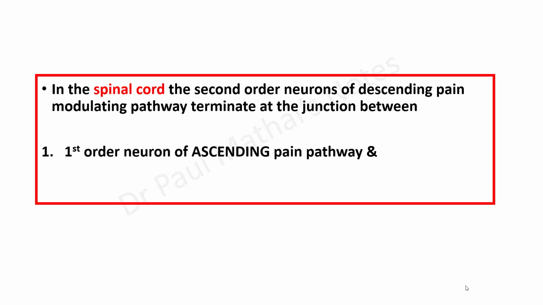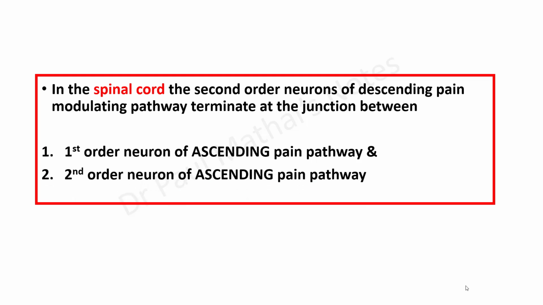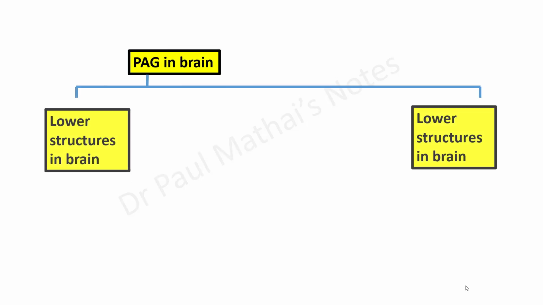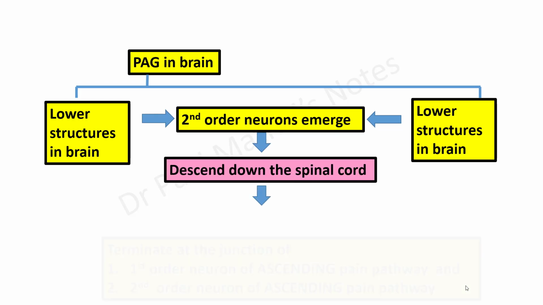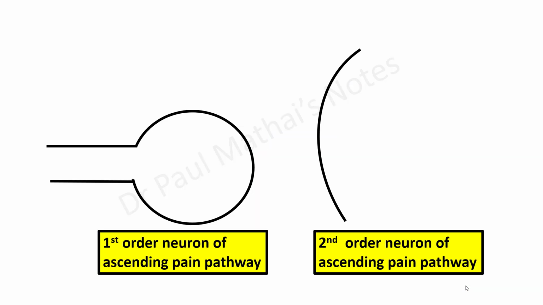They terminate at the junction between the first order neuron of the ascending pain pathway and the second order neuron of the ascending pain pathway. So this is how it goes. So there's the second order neuron in blue, the second order neuron of the descending pain modulating pathway.